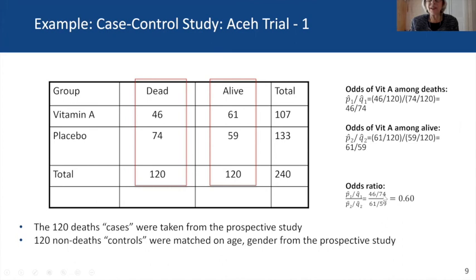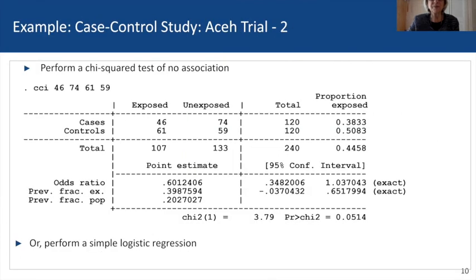And we take 46 divided by 74, divided by 61 divided by 59, and we get 0.60. Now, this happens to be the same odds ratio that we saw in the prospective study. And part of this has to do with the fact that we have very rare events. Death is a very rare event.